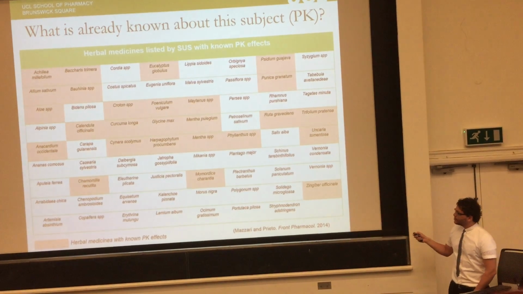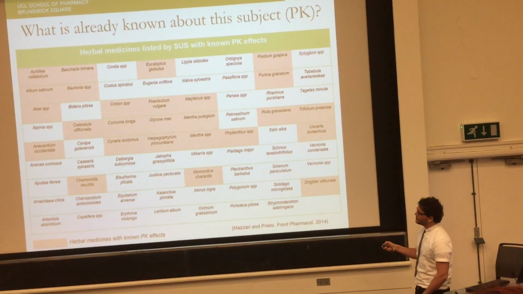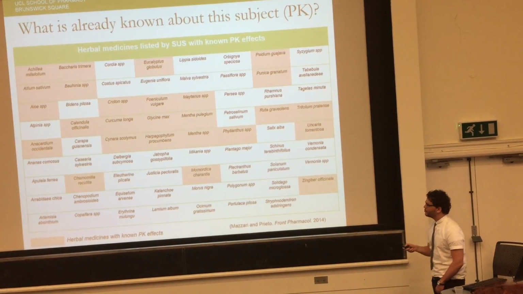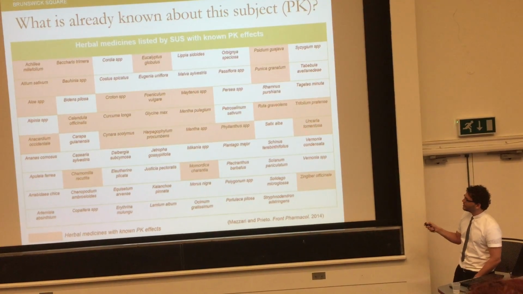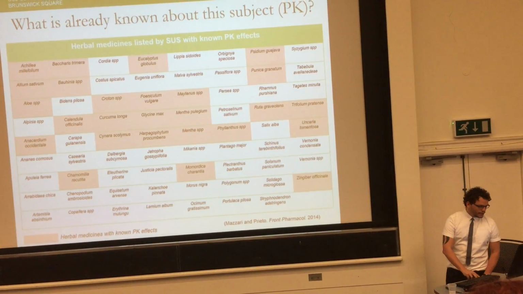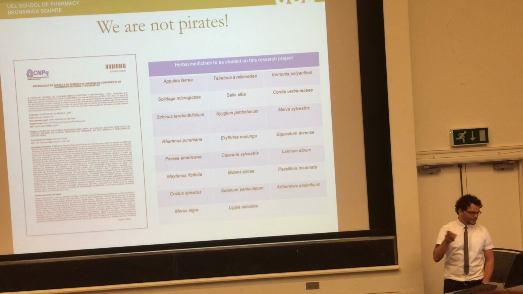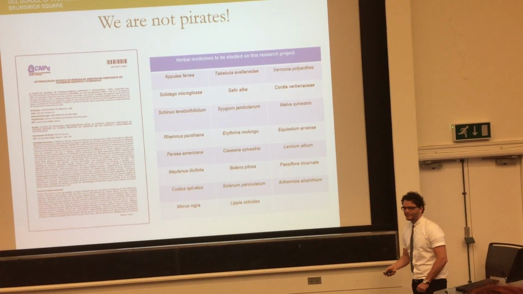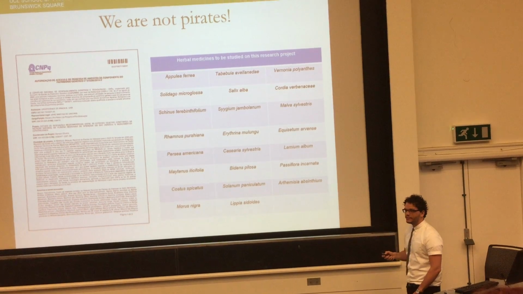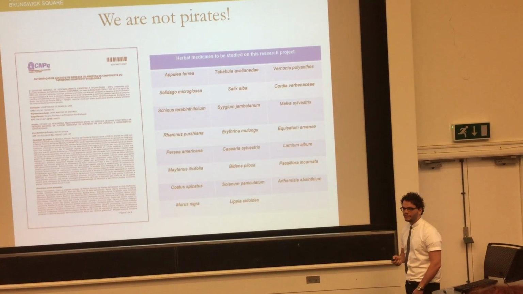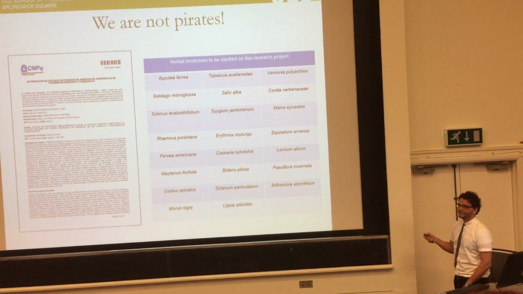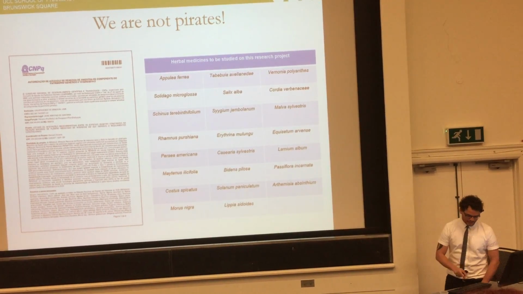As you can see in this summary table, the herbal medicines which are highlighted are the ones already reported, and the ones not highlighted would be the subject of our work. But because we are not pirates, we first needed to ask authorization for the Brazilian genetic heritage in order to have access to those plant species. And then we managed to get authorization to work with these 23 different plant species.